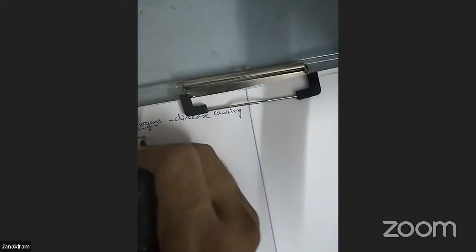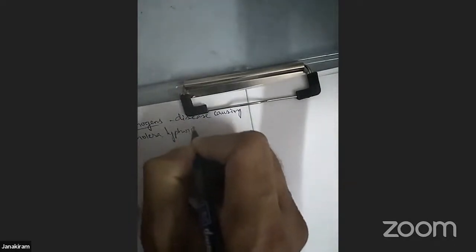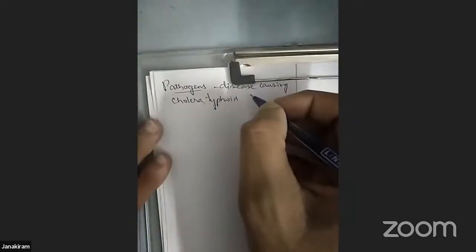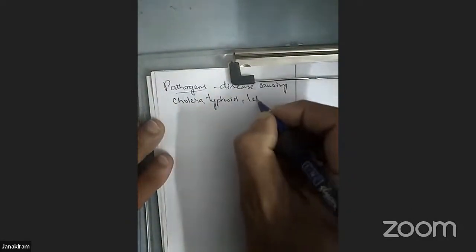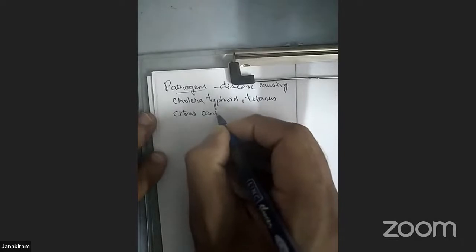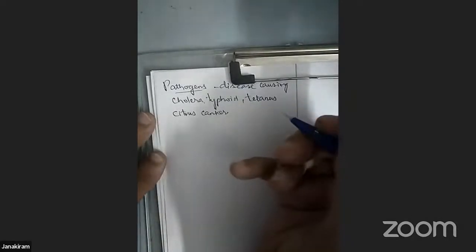Some diseases like cholera, typhoid, tetanus in human beings, and citrus canker in plants are examples of diseases caused by bacteria.